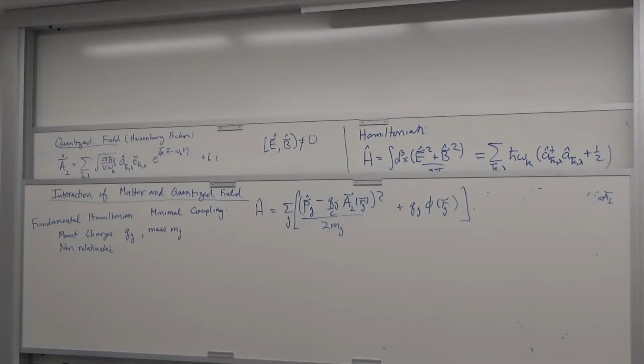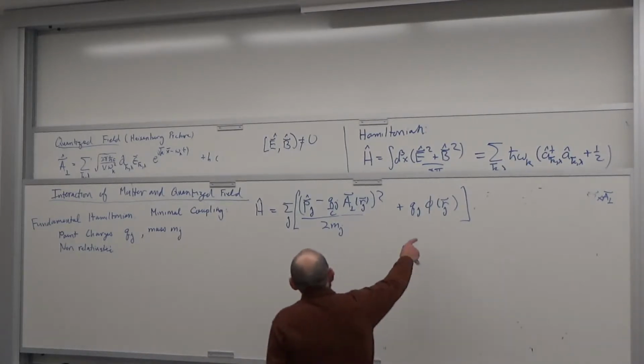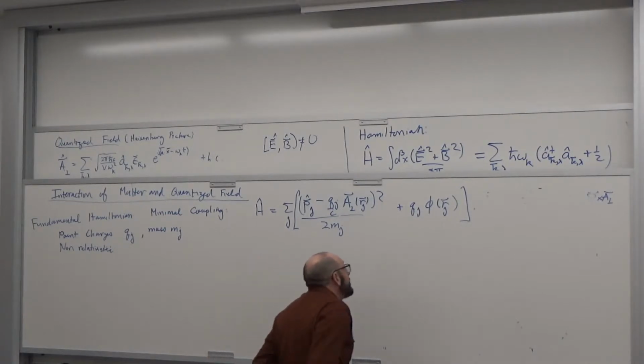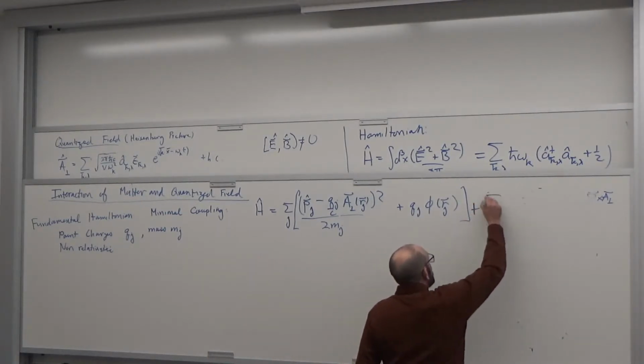And then I have the term that I ignored in the past in the interaction. And then I have the Hamiltonian for the field.